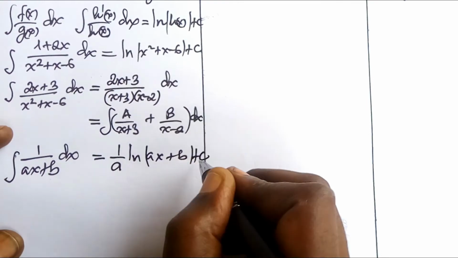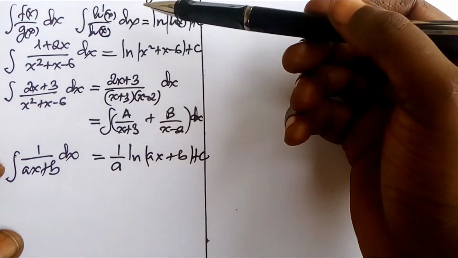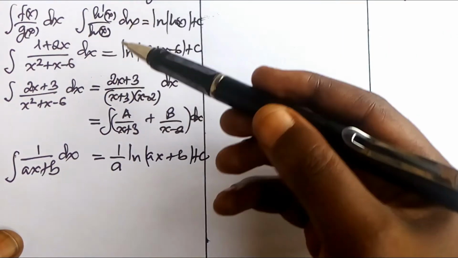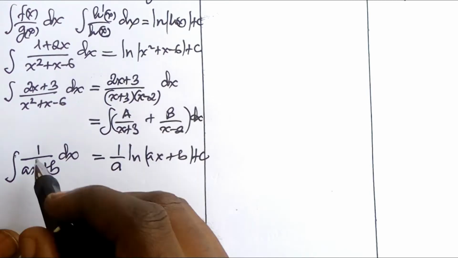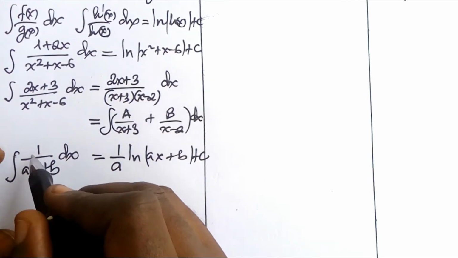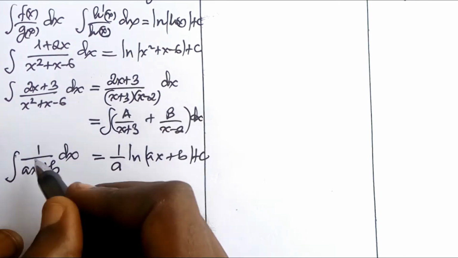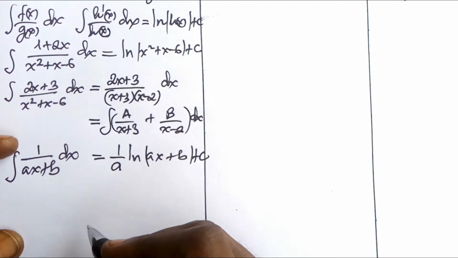It's a standard integral that you need to master. It actually results from the recognition formula. If I differentiate the denominator, I have a, but at the numerator I don't have a. So it's like putting a there and then 1 over a so that the numerator becomes an exact differential. You now get this result.